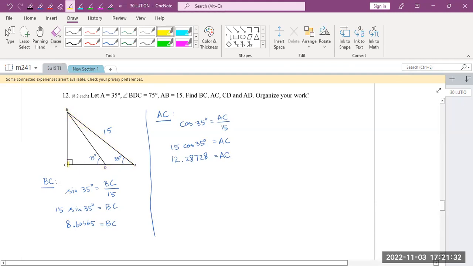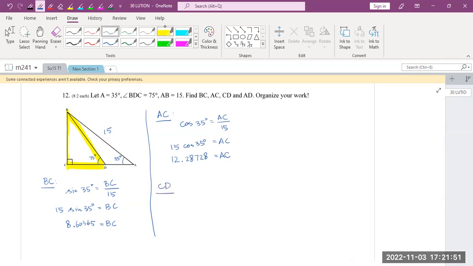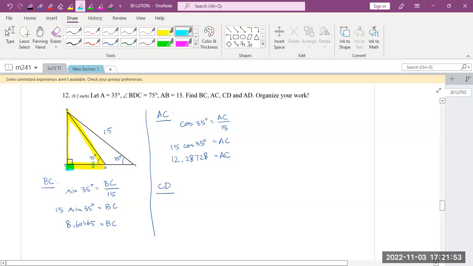Now, how about CD? CD is in this right triangle here. In this right triangle, we don't have the hypotenuse. We have the BC, though. Notice that BC is next door, right? So what relates CD, BC, and 75 degrees?